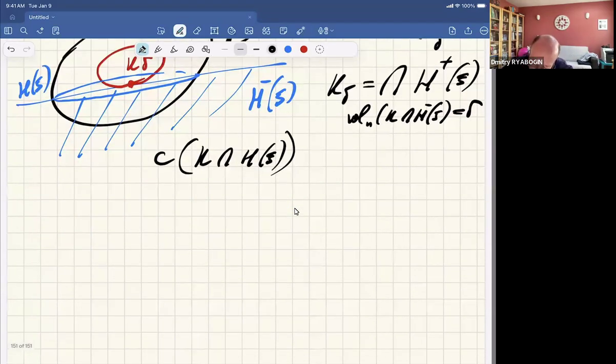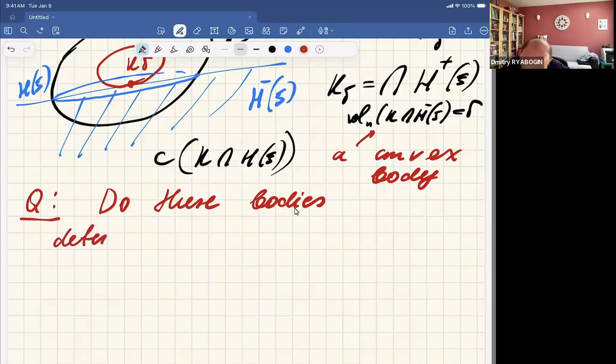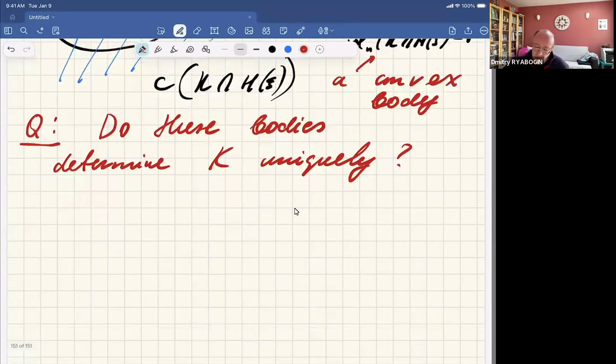And the question I want to address, this is the main question. Do these bodies or surfaces, this is always a convex body as the intersection of convex half spaces, determine K uniquely? This is the question. For example, I want to be more specific.